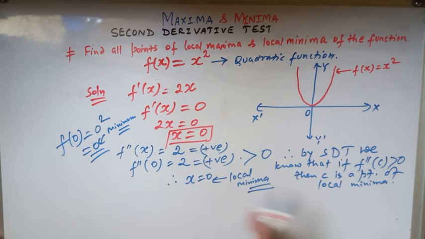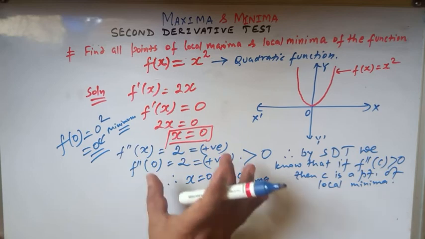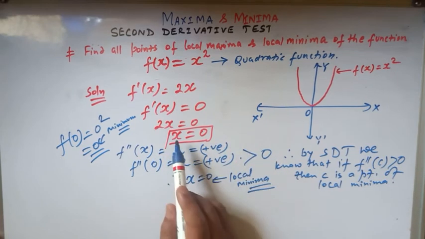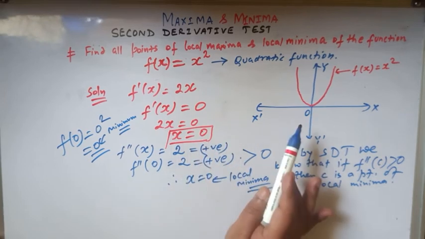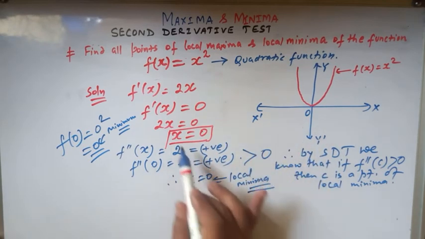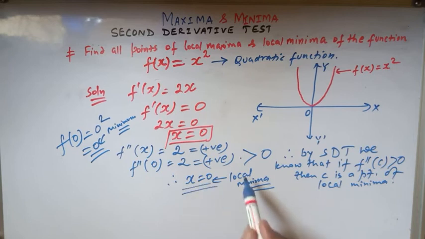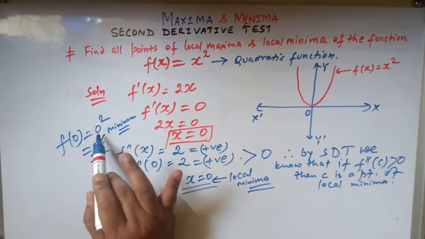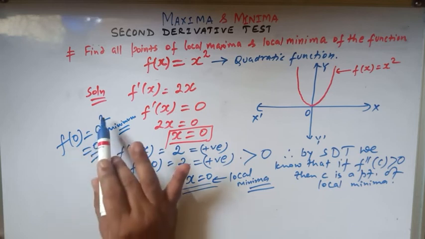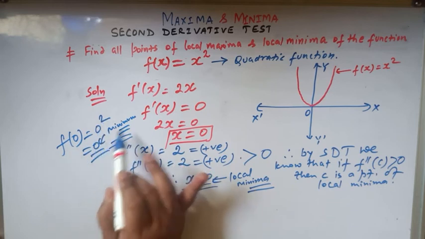We have already claimed that x equal to 0 is the critical point or the turning point here, and the local minimum value is f of 0, which is 0 square equal to 0.